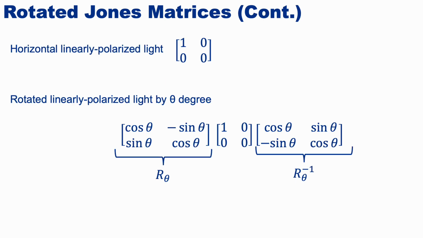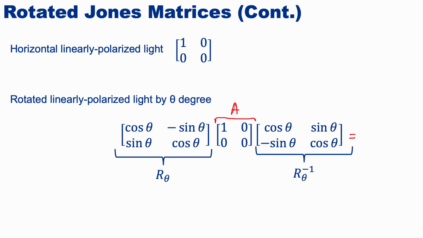So for example, let's consider here that we have a horizontal linear polarizer. So we know already that it's going to be 1, 0, 0, 0. And now we want to rotate it by an angle that is going to be arbitrary, theta. So here we have our rotation matrix. This is going to be A, and then the inverse.